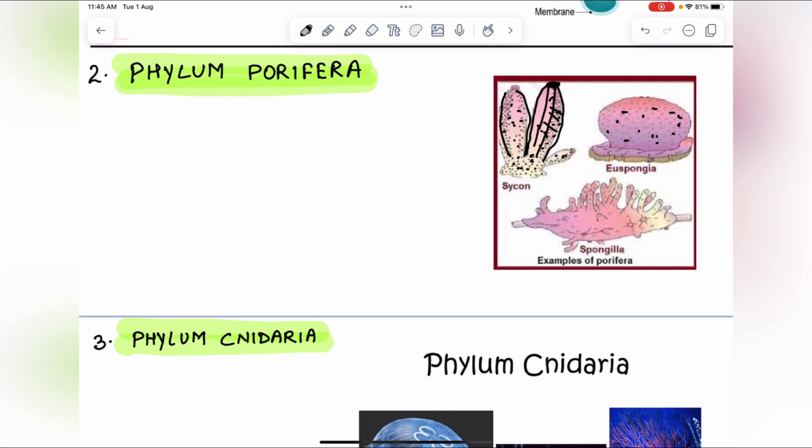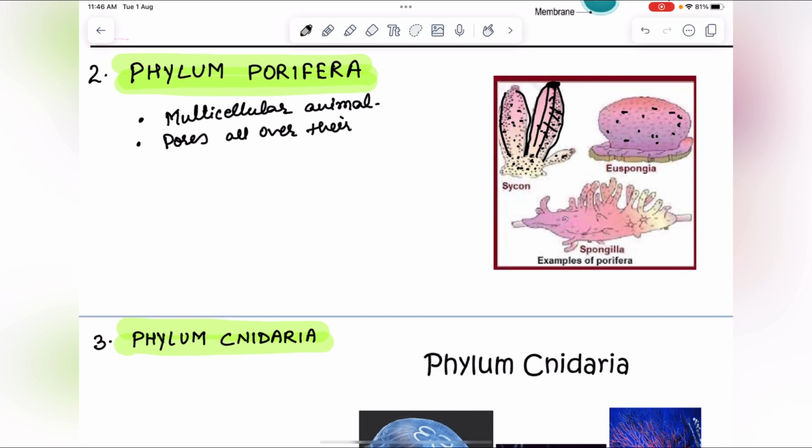They are non-motile. Non-motile means they are fixed at one place. First point I'll write, they are multicellular animals. Second point, they have pores all over their body. Third point, they are non-motile animals.